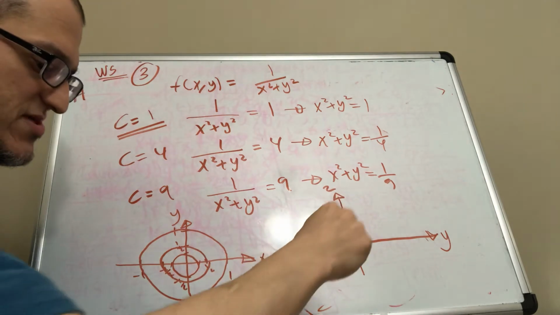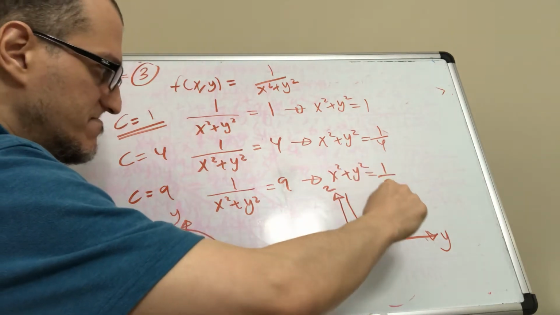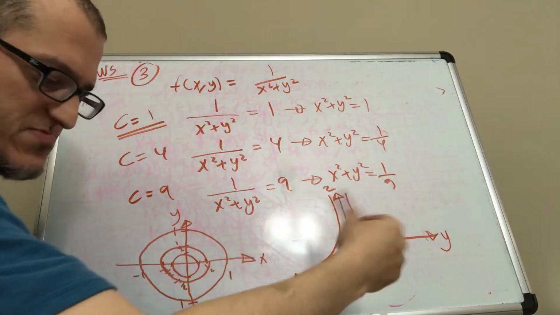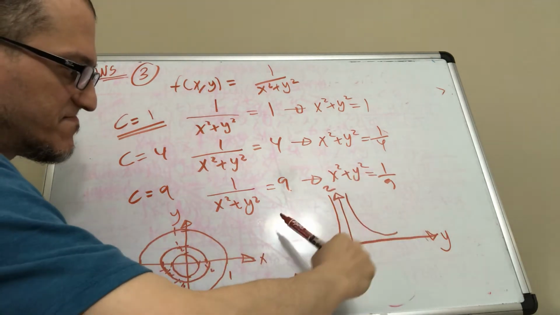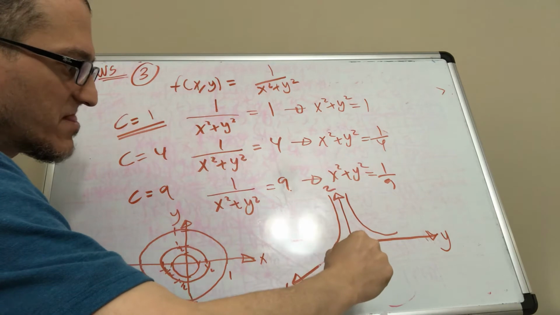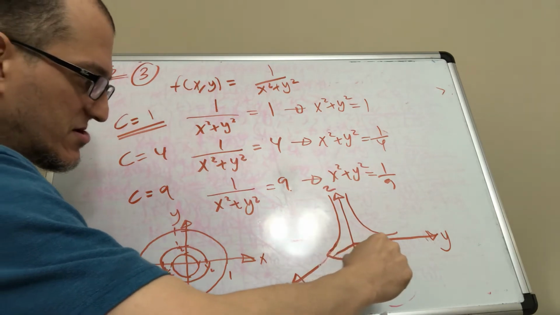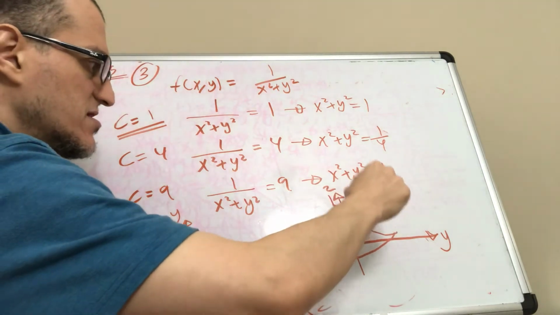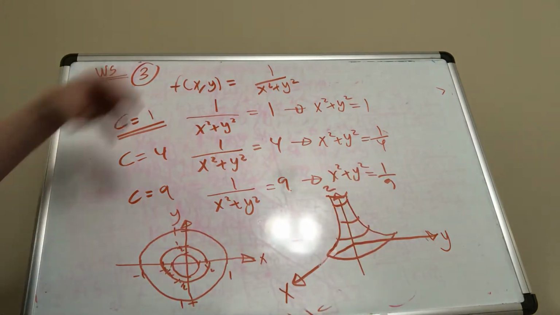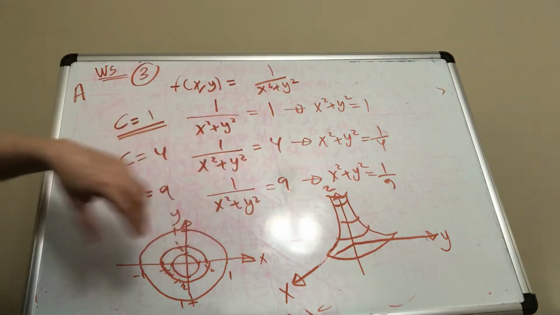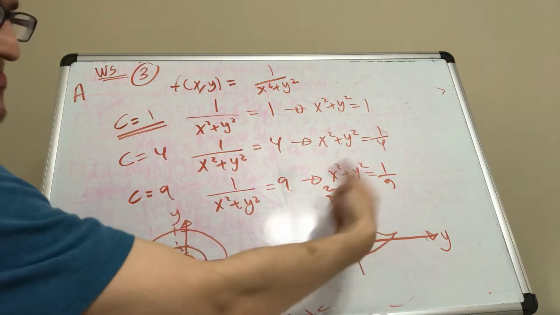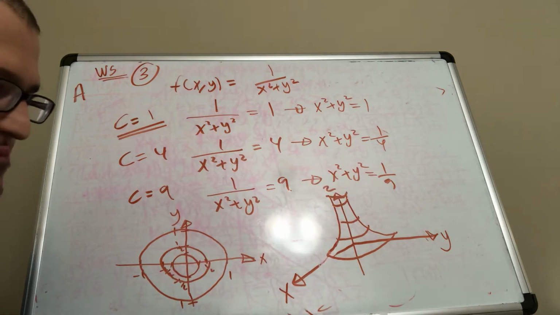So it would look something like this. You have a piece here, and a piece here. I'm not very good at sketching 3D. And then you have a curve going like this. If you look at it from the top, it would look something like a cone, something like this, if you can imagine it.